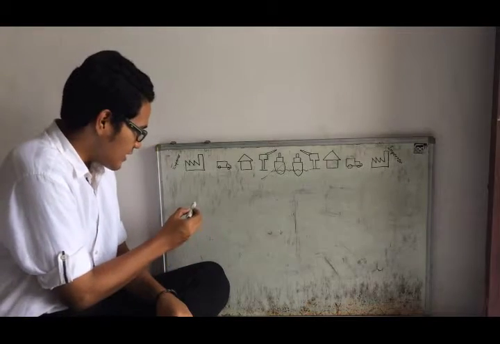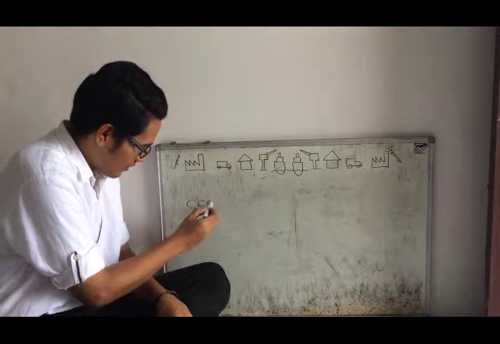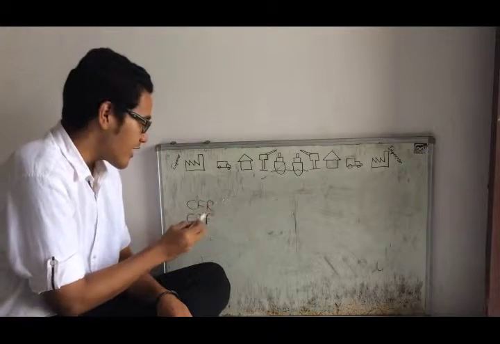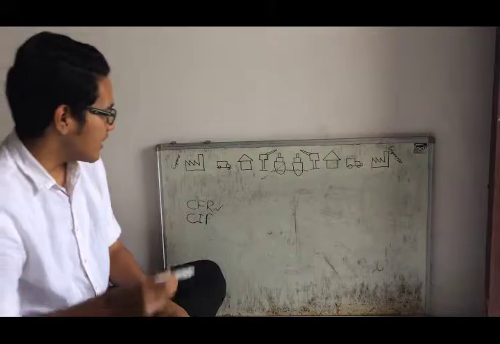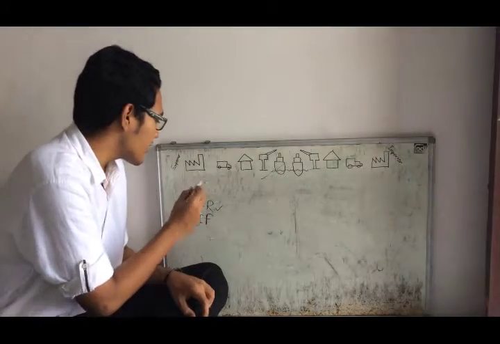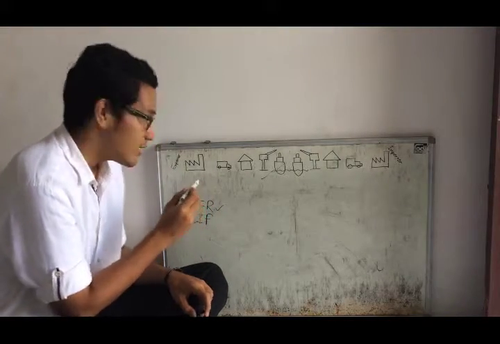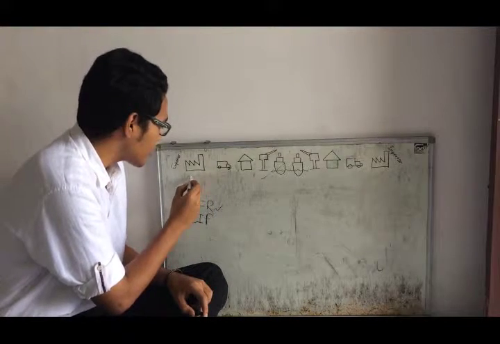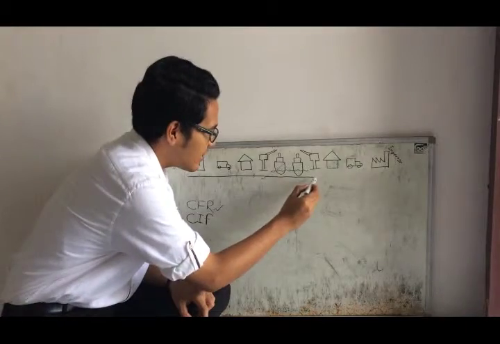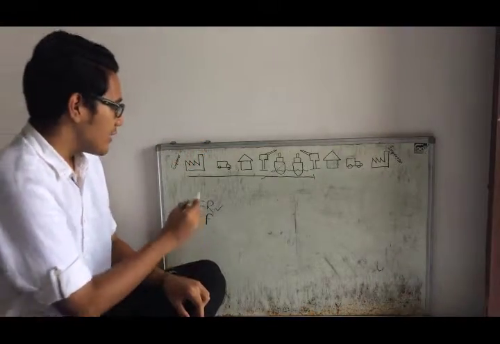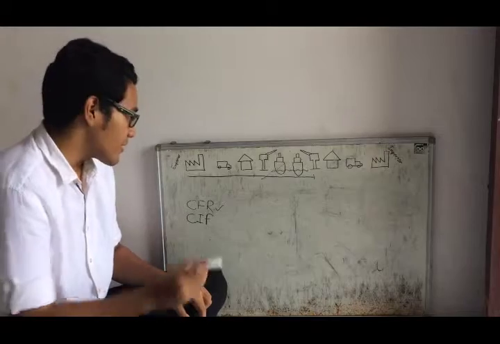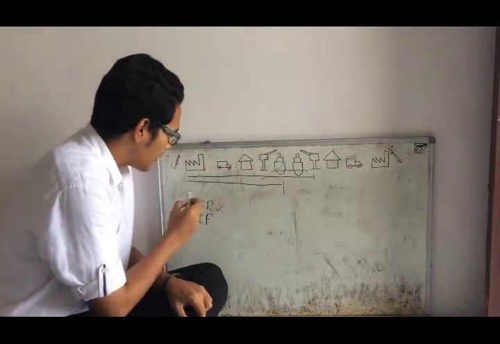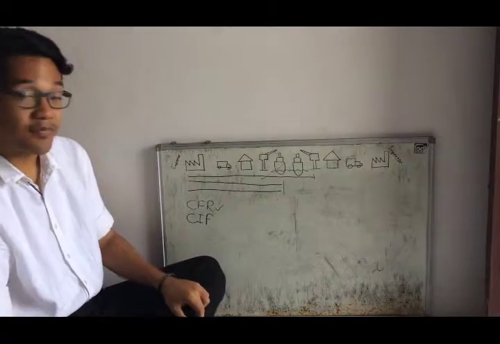And now is CFR and CIF. So first I will explain CFR. In CFR Incoterms, the exporter pays the cost of delivering the goods from the exporter's warehouse until the destination port. But the risk and responsibility of the exporter is only until the goods are loaded into the ship.